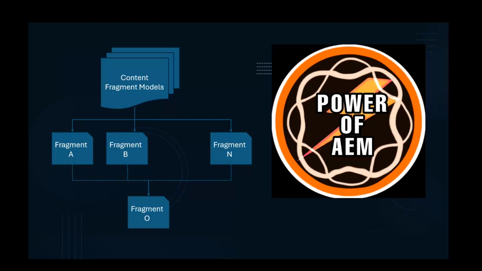In order to reuse the existing fragments, they can create another fragment, as you can see on the bottom, fragment O, which is leveraging data from fragment A, B, and any other fragment as well. As there are existing fields available where we can reuse the existing fragment, based on our model design, we can take a decision which fragment data we want to repurpose for our business purpose.